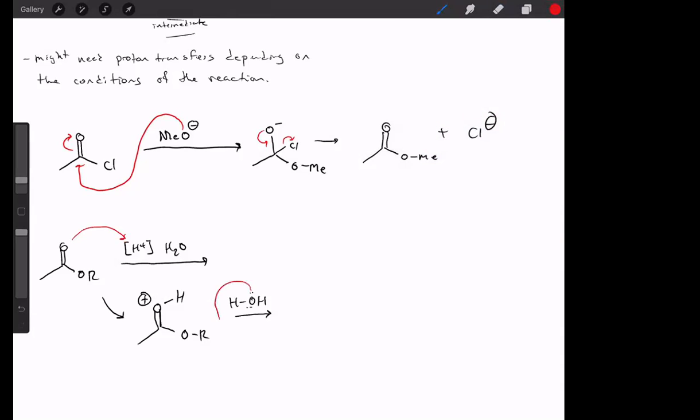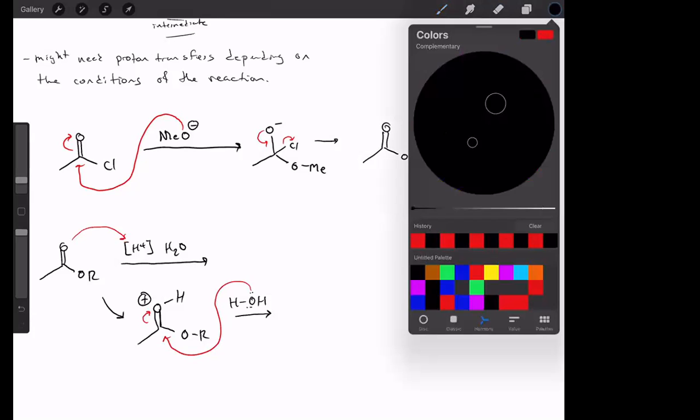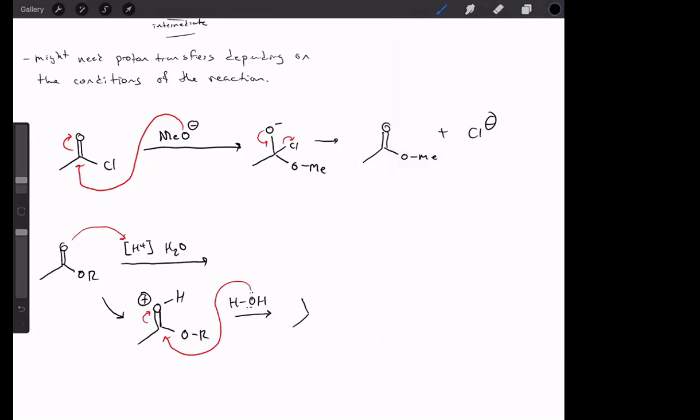Then I can have my nucleophilic attack because the tetrahedral intermediate that's formed is also positively charged. Now, I'm doing hydrolysis, so I'm going to end up with a carboxylic acid. So I'm going to need additional proton transfers in order to continue on with the mechanism.